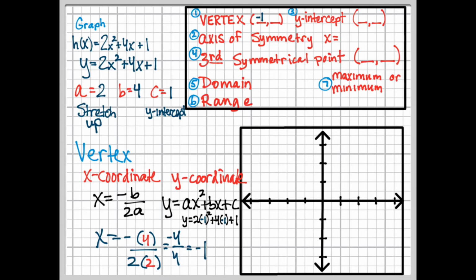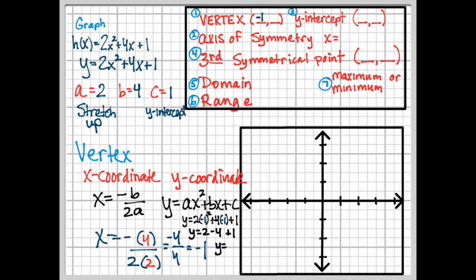Negative 1 to the second power is positive 1, times 2 is 2, plus 4 times negative 1 is negative 4, plus 1. So now we have y equals negative 4 and 2 and 1.